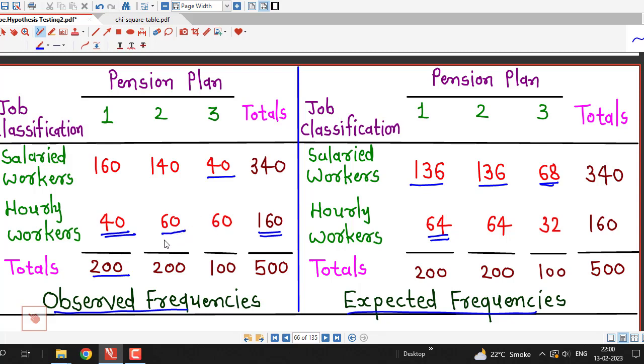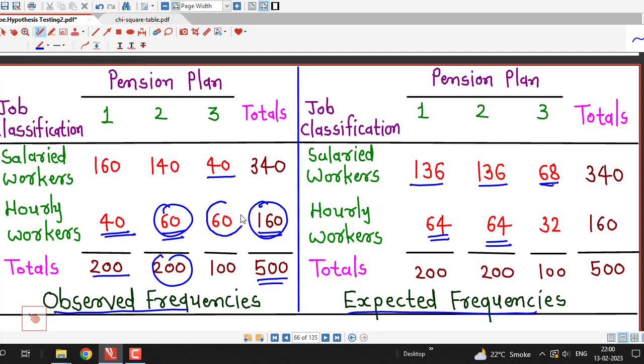Similarly, here I have 60 and I am interested in the corresponding expected frequency. This 60 is in the second row, so I will consider 160, and it is in the second column, so I will multiply 160 and 200 and divide by 500 and I will obtain 64.